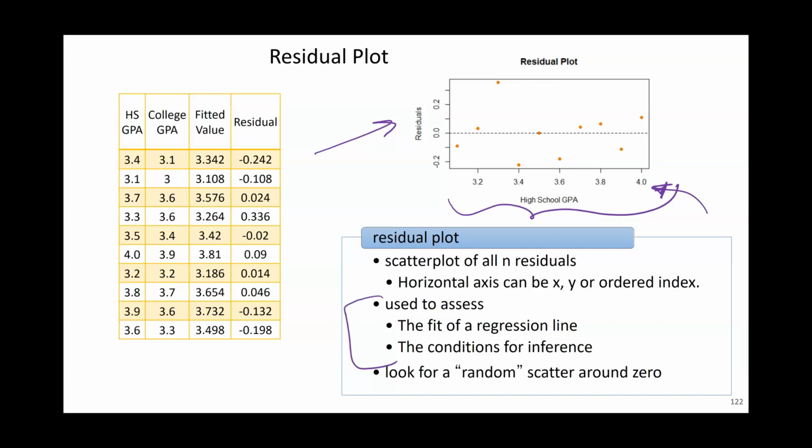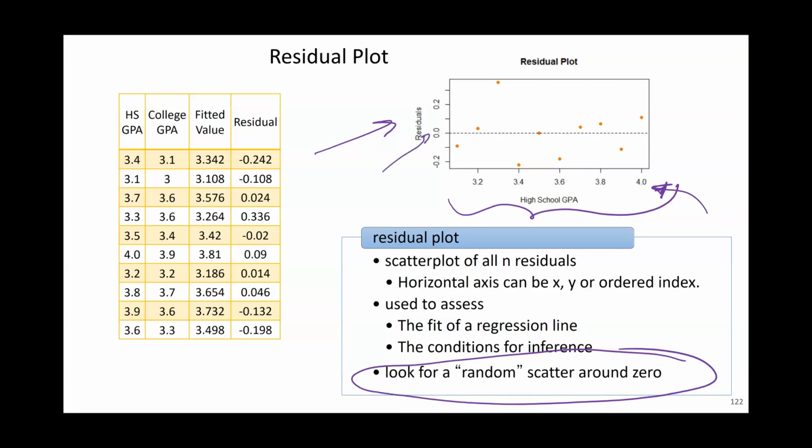And we use this to assess how well our line is doing. One, was it appropriate to fit a line? And then we have conditions for inference. So we have conditions that we have to meet in order to use this line to make good predictions. In general, we want random scatter around 0.